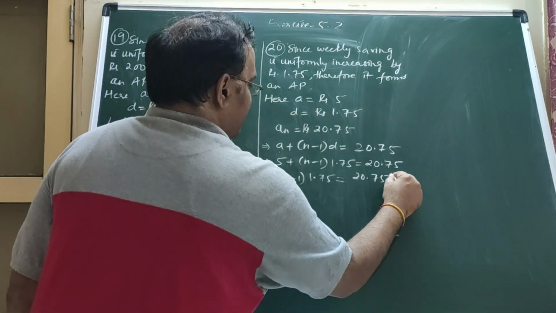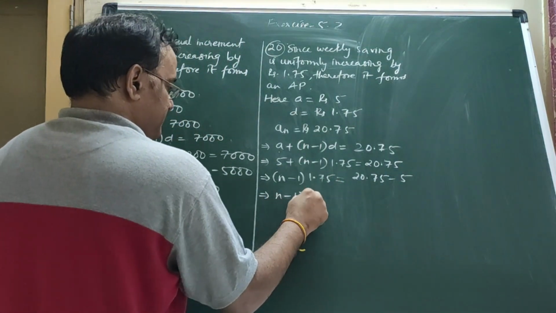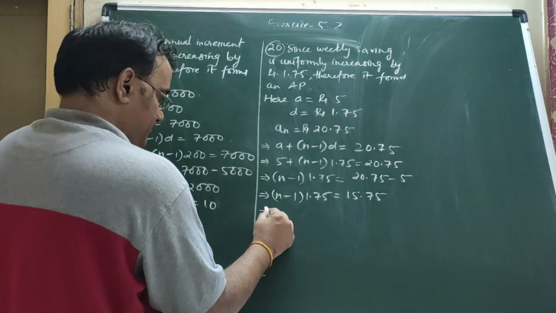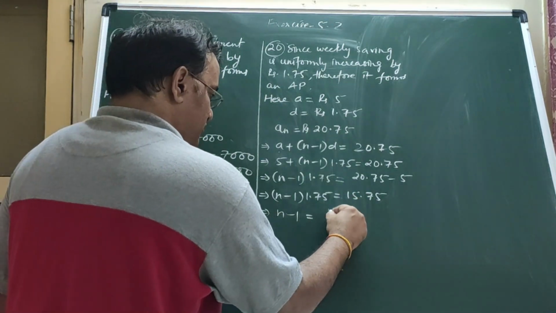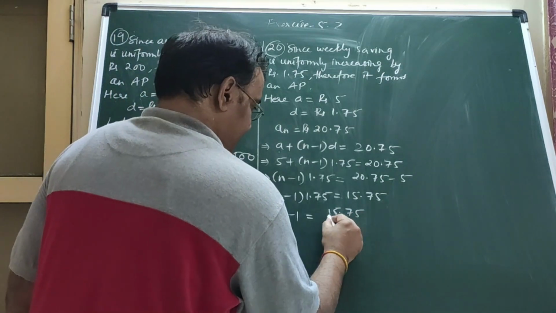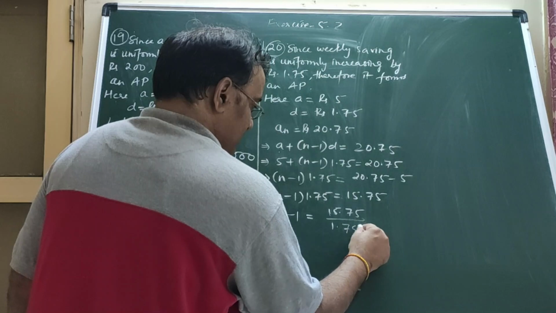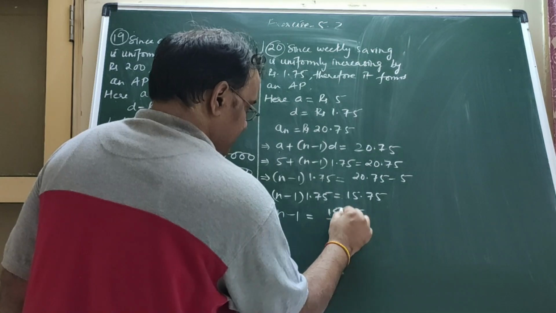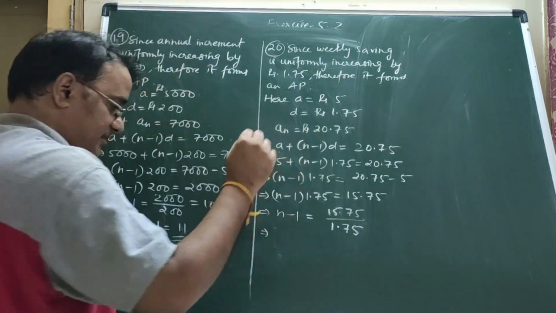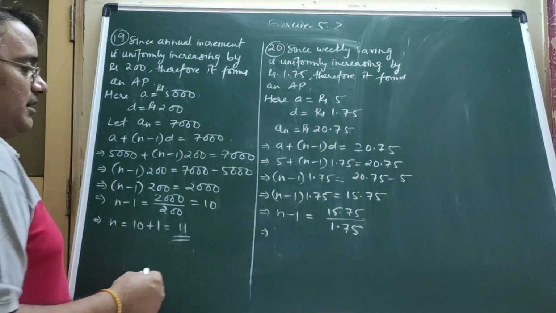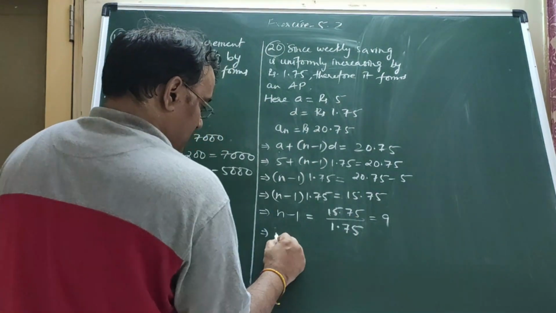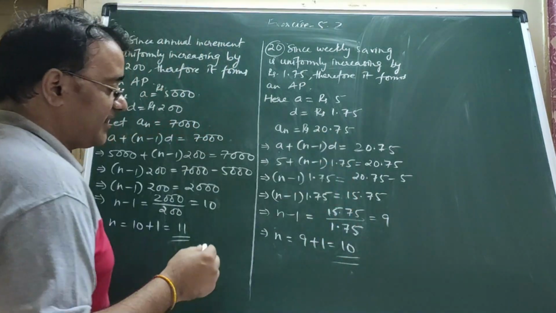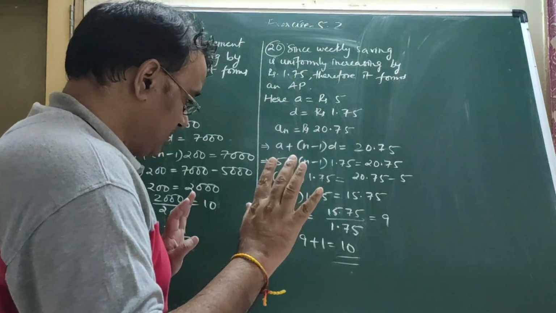So 20.75 minus 5, 15.75, and n minus 1 is equals to 15.75 divided by 1.75. ठीक है, राइट? नाउ इफ यू डिवाइड विल गेट 9. सो -1 को उधर शिफ्ट करेंगे, +1. सो द वैल्यू ऑफ n विल बी इक्वल्स टू 10.